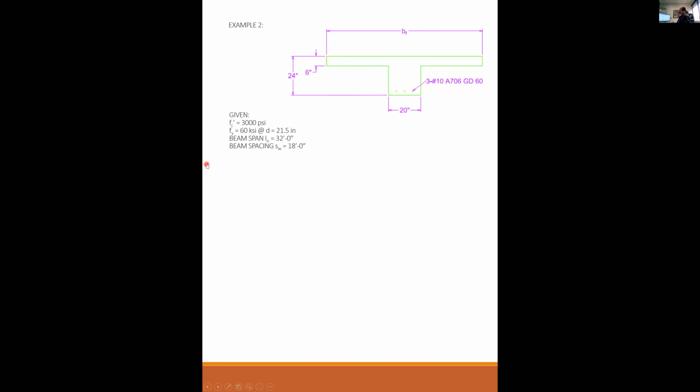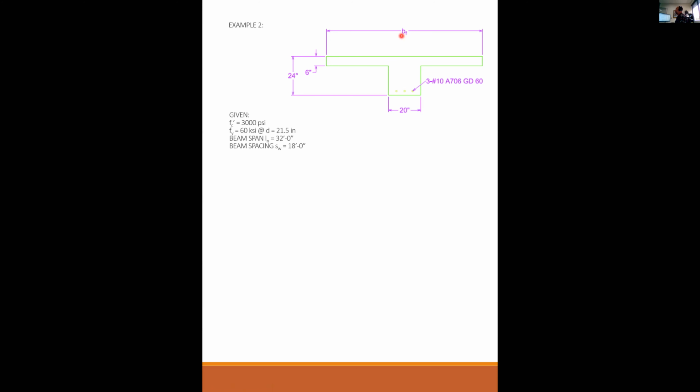Let's stop here for a moment. When you're doing these as homework, and particularly when you do these on an exam, it is best to always note, what do you know and what do you not know? What did I tell you and what did I not tell you? And in this particular problem, you know everything except the effective width.